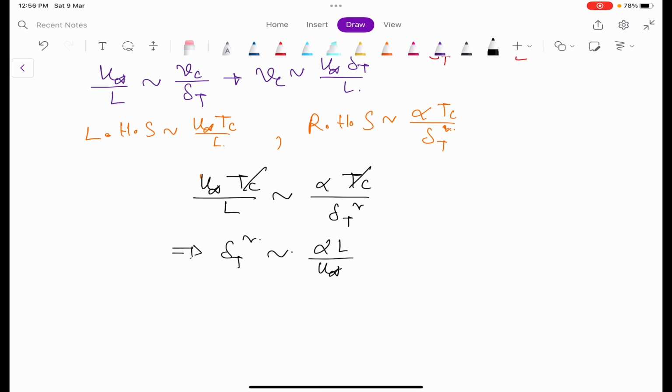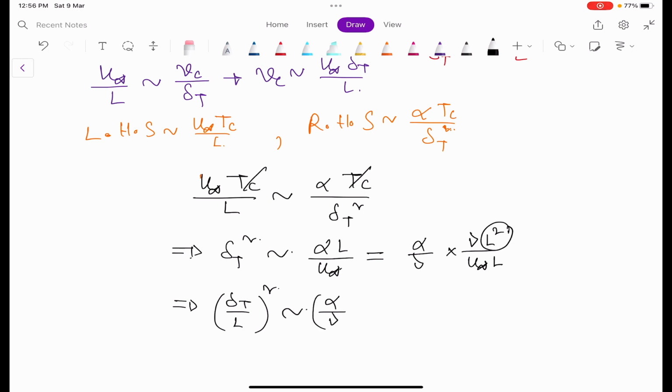And we can write this number as alpha by nu into nu L by u infinity. Now you can multiply an L here and this will be L square. So delta t by L square, taking this L square to the LHS, will be of the order of nu by alpha whole to the power minus 1 into u infinity L by nu whole to the power minus 1.